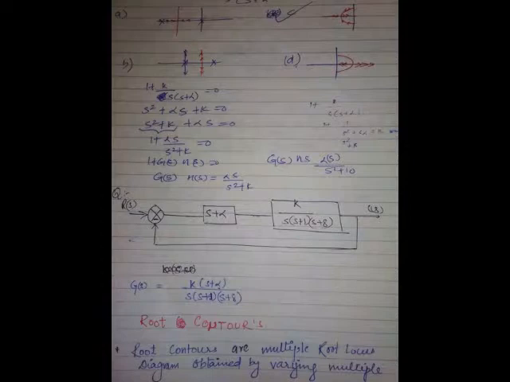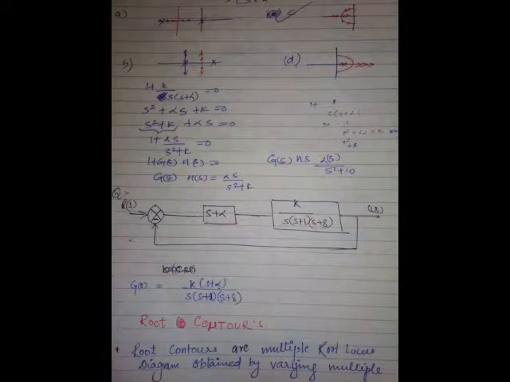So between 0 and minus 3, this section of real axis is a part of CRL. Between plus 1 and plus infinity, this entire section of real axis also is a part of CRL, because if you choose a point, to the right side there are an even number of poles and zeros. You understand? So this portion and this portion of real axis is a part of CRL.